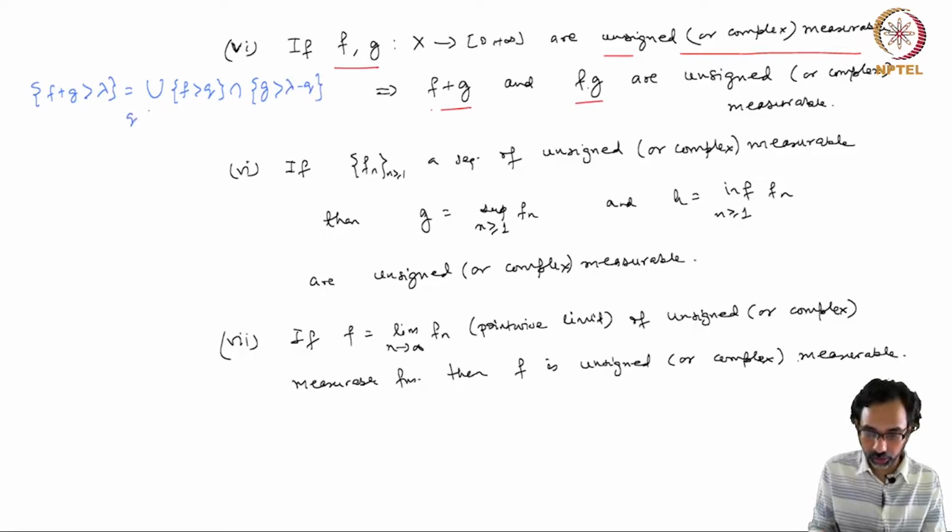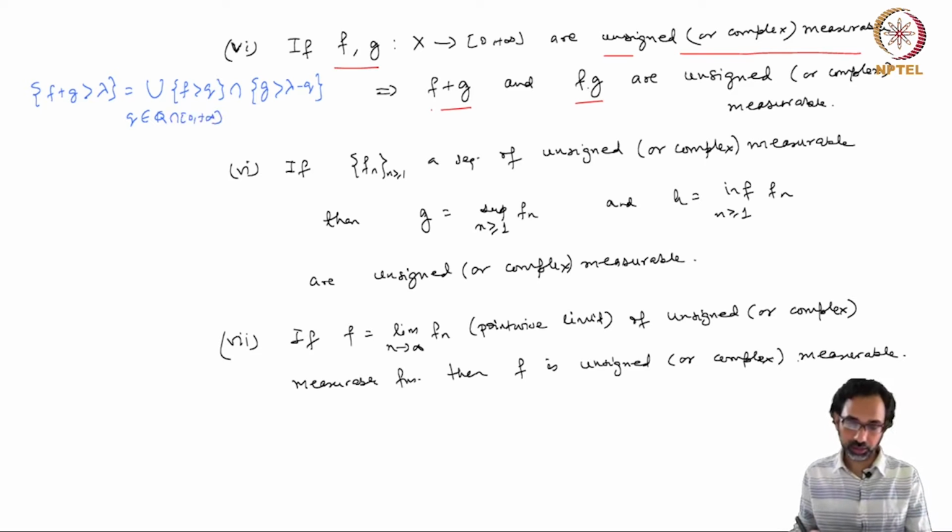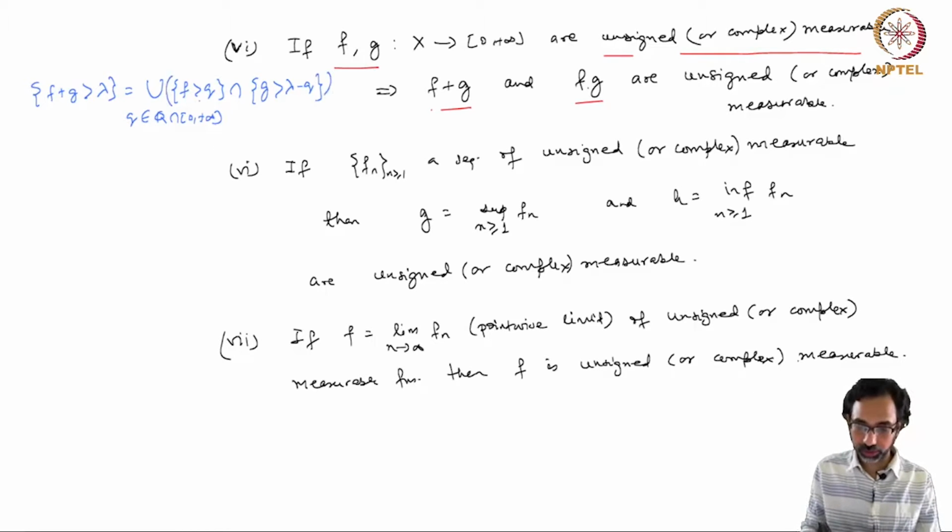If you take q to be the rationals inside the extended reals, then you get a countable union, and each of these sets is measurable because f and g are measurable, and therefore f plus g is measurable.